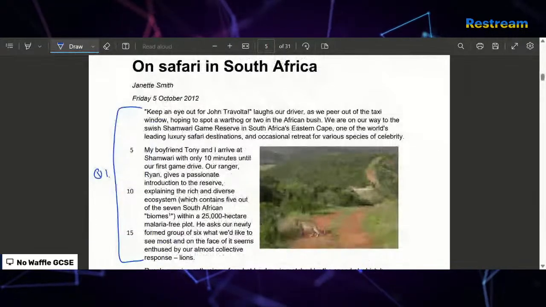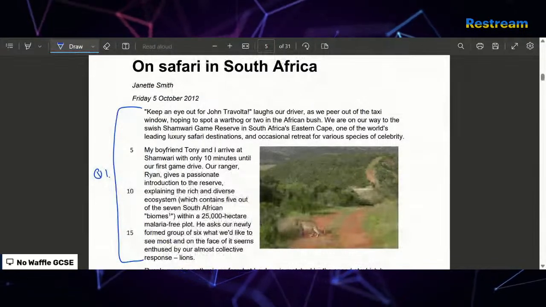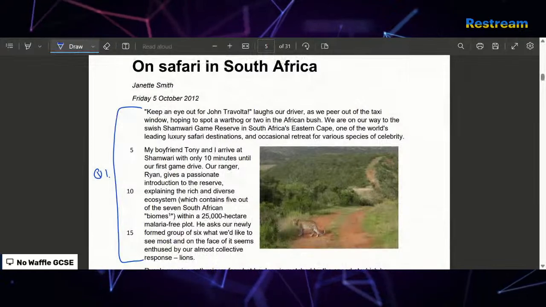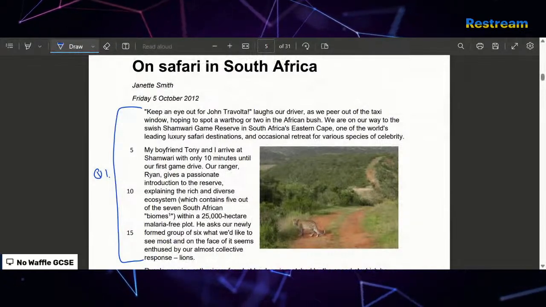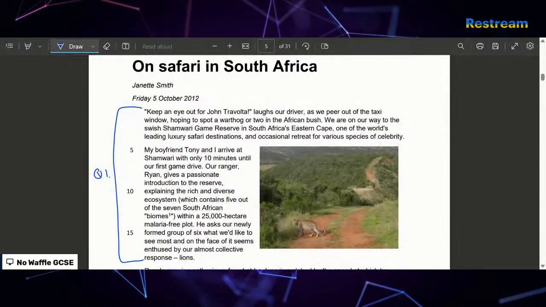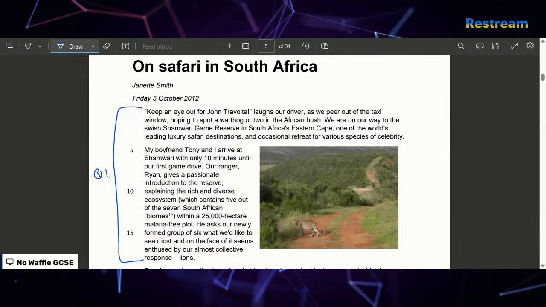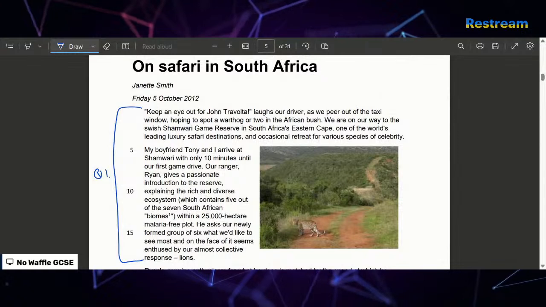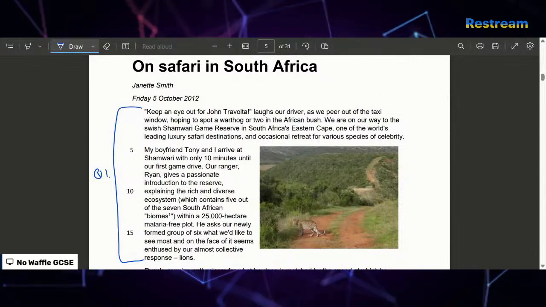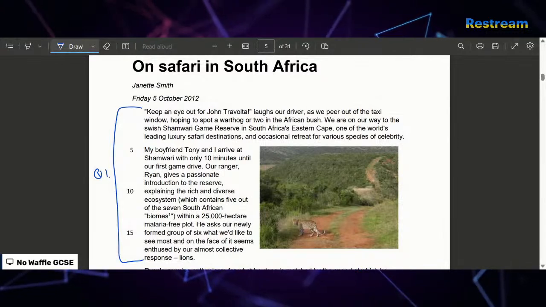Keep an eye out for John Travolta, laughs our driver, as we peer out of the taxi window, hoping to spot a warthog or two in the African bush. We are on our way to the Swiss Chamois Game Reserve in South Africa's Eastern Cape, one of the world's leading luxury safari destinations, an occasional treat for various species of celebrity. My boyfriend Tony and I are minutes until our first.